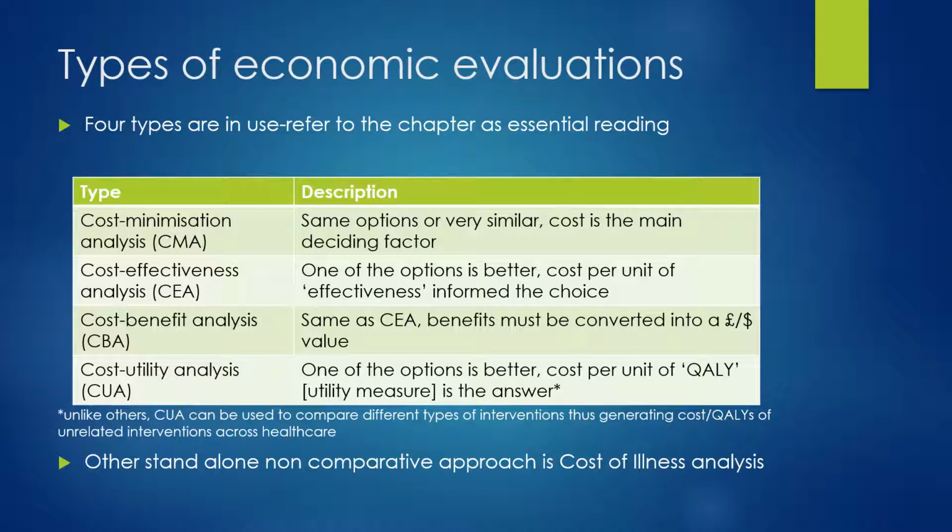Cost benefit analysis is exactly like cost effectiveness analysis. There's no difference, and that's why I took more time describing the cost effectiveness analysis. Cost benefit analysis is exactly like a cost effectiveness analysis, except that any benefit you are getting from the treatment, for example, decrease in hospital stay, reduced emergency visits, reduced GP visits, or better quality of life, you need to convert into a monetary value.